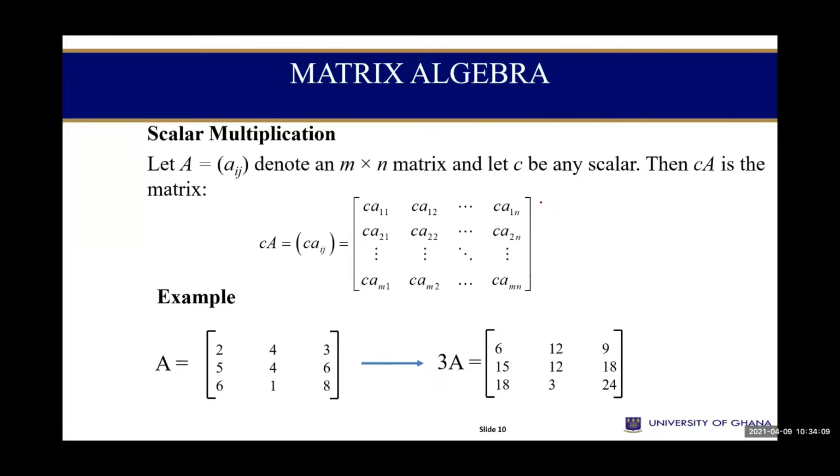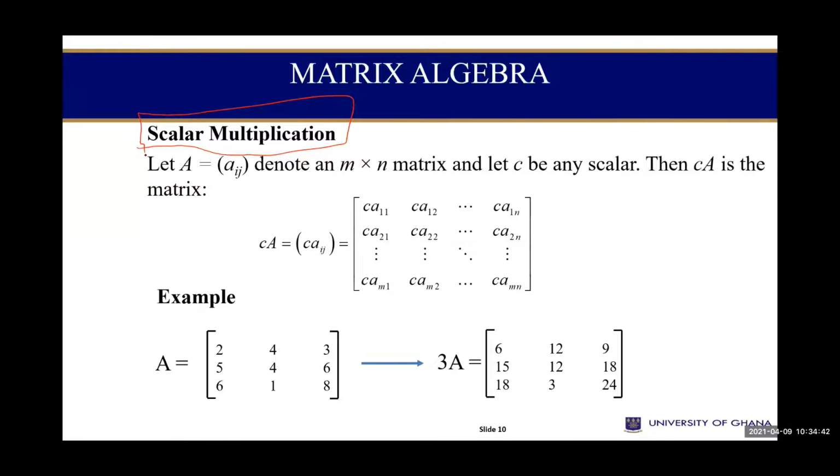These are some of the operations that we can perform as far as matrices are concerned. One of the operations that we can perform is scalar multiplication. By scalar multiplication, for any given matrix, we can multiply a certain number by the matrix, and that number is what we call a scalar.